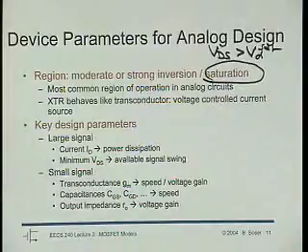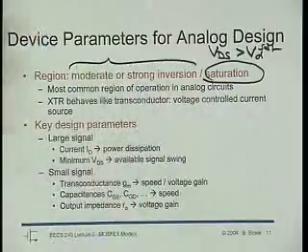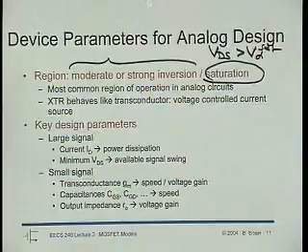Then our devices operate like current sources, and it turns out that's really the only region of operation where you can make a decent amplifier. Otherwise, you can make some kind of a resistor, but not really an amplifier. And the other thing is we're going to work in either moderate or strong inversion, not really deep weak inversion. You use a little bit of weak inversion maybe, but not so much.